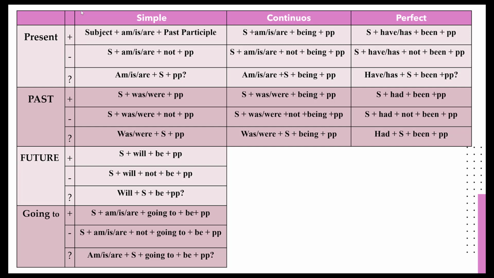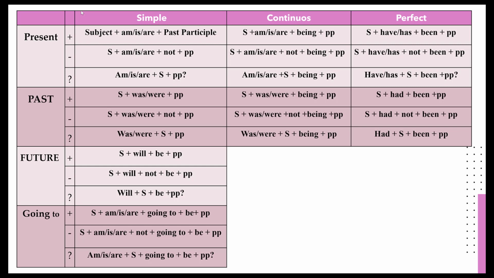Let's look at grammatical structures in more detail. This table will help you better understand how to use passive voice in different tenses, how to use negative forms and questions in the passive voice sentence. We use the to be verb, am, is, or was, were for present simple, past simple, present continuous, past continuous, and going to questions.